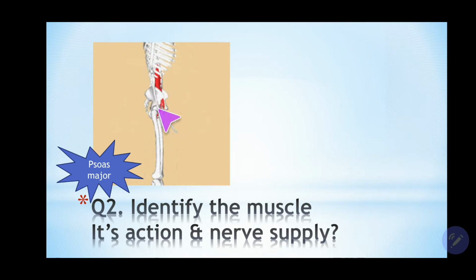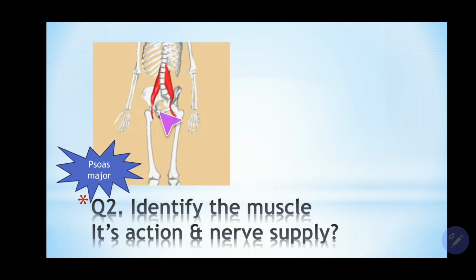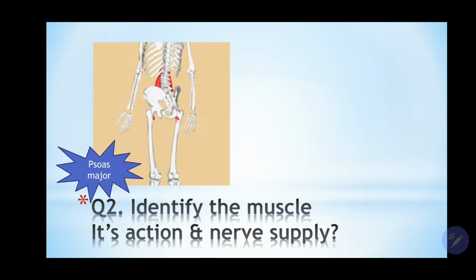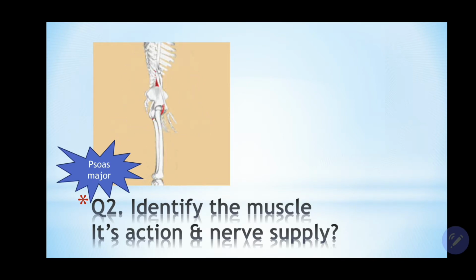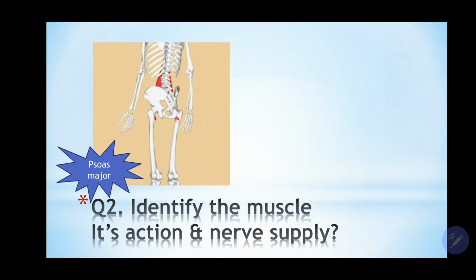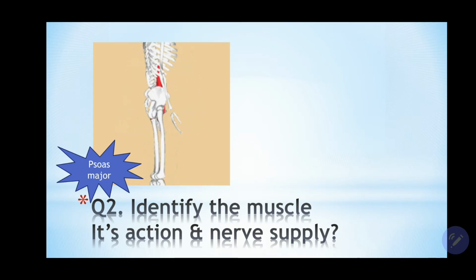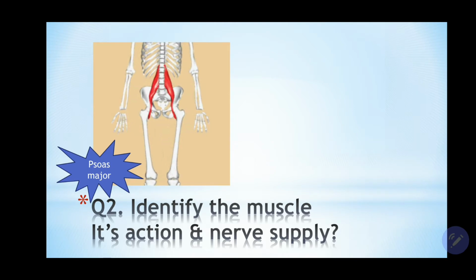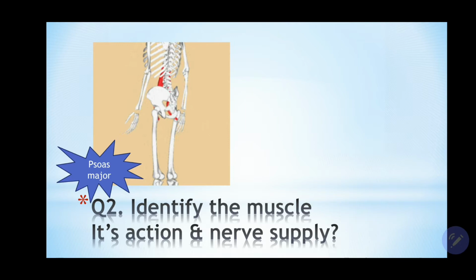There is a bursa placed anterior to the hip joint, below the iliopsoas, and that bursa is called the iliopsoas bursa. But remember the peculiar point about this bursa: it is the largest bursa in the human body, the iliopsoas bursa. Okay.